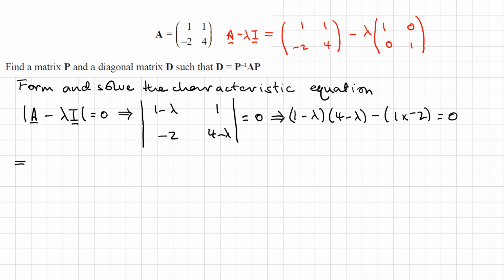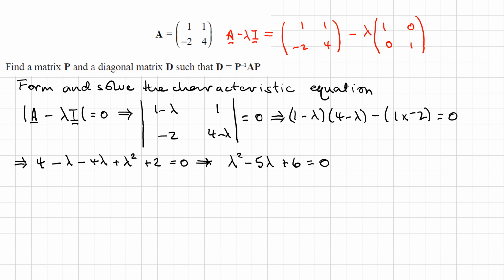Let's multiply that all out and see what we get. Multiplying out the first set of brackets, I'll get 4 minus lambda minus 4 lambda plus lambda squared. And then 1 times by negative 2 is negative 2, and we're subtracting that, so it becomes plus 2 is equal to 0. So that will give me this quadratic, lambda squared minus 5 lambda plus 6 is equal to 0.